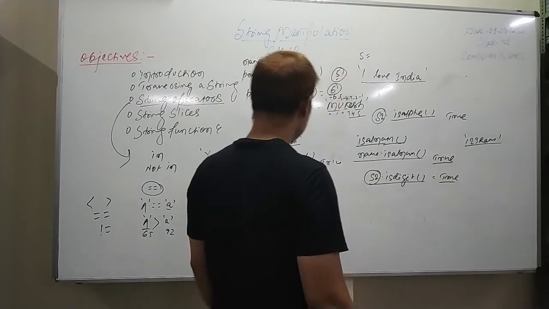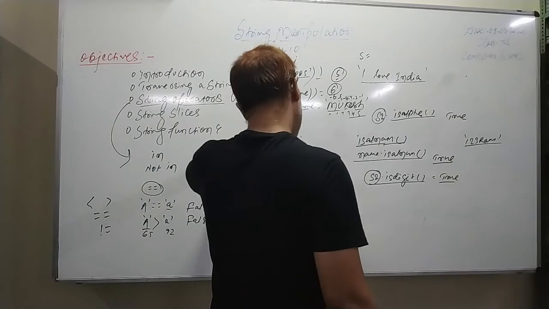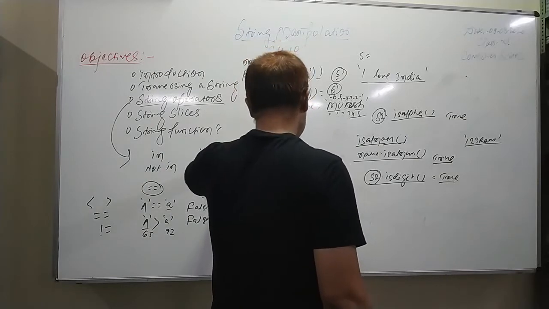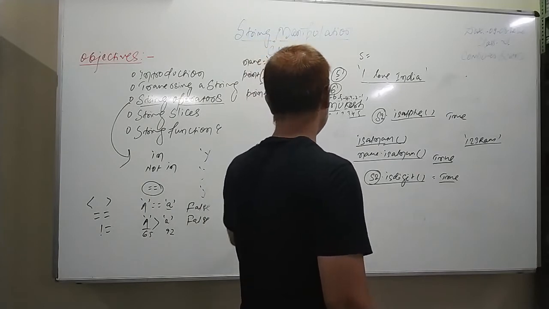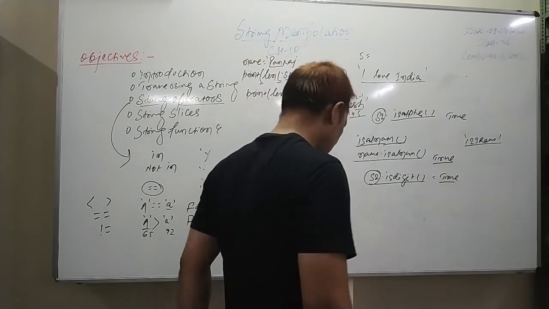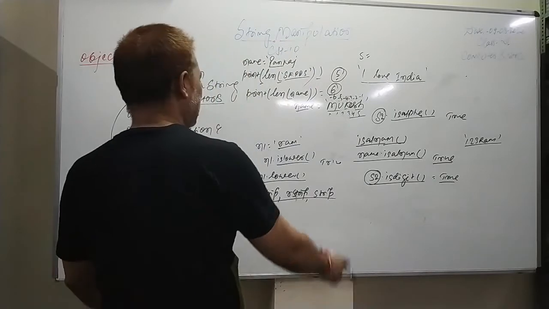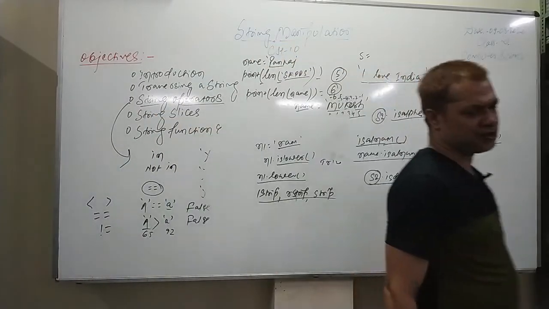So if I want to cut two alphabets from the left side of a string, I'll use lstrip. If I want to cut two alphabets from the right side, I'll use rstrip. And if I want to cut the spaces from both sides, I can use the strip method of the string class.